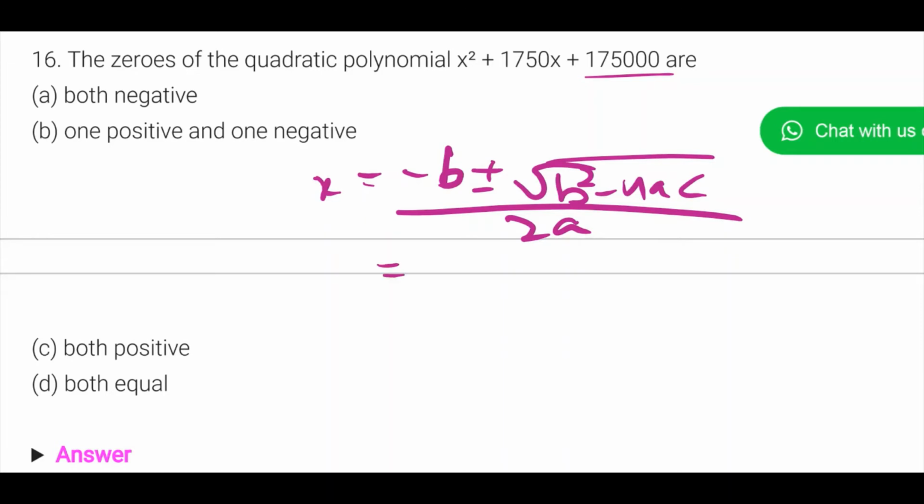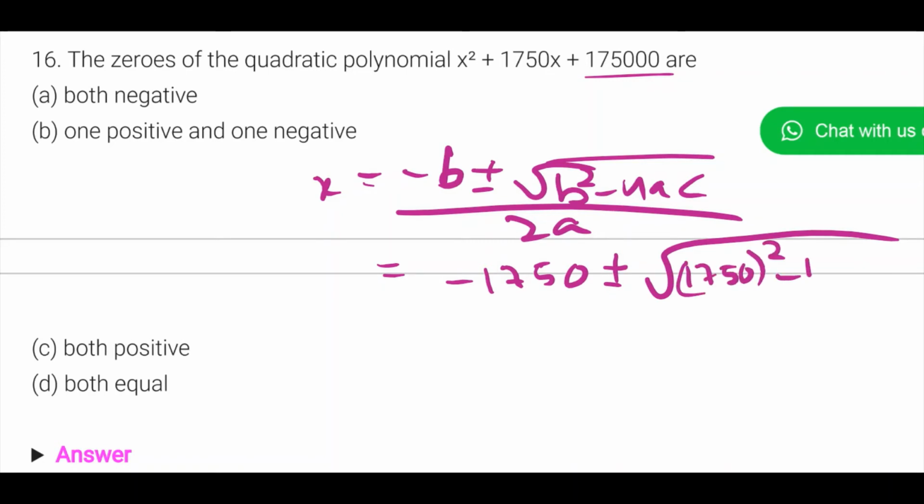This gives us minus 1750 plus or minus root of 1750 whole square minus 4 into 175000, by 2.